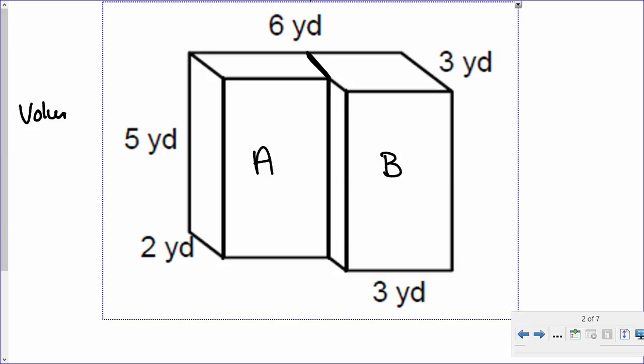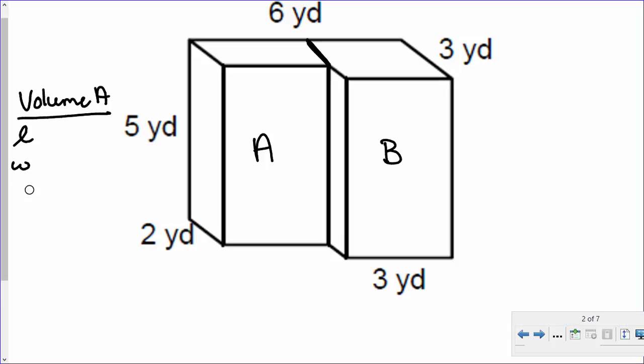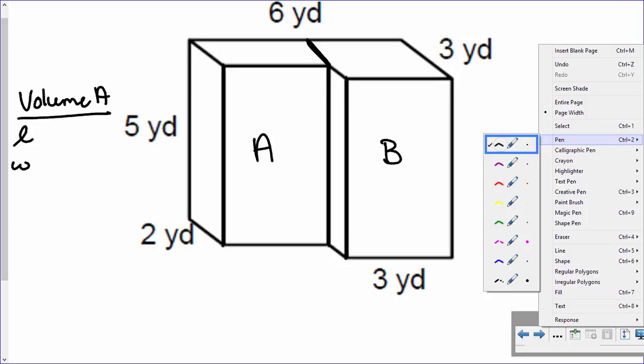Over here, we're going to list the information for A. So volume of A, we know we're going to need a length, we're going to need a width, and we're going to need the height. My pen just won't allow me to write that very well.